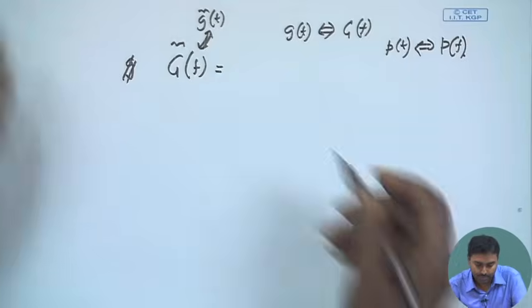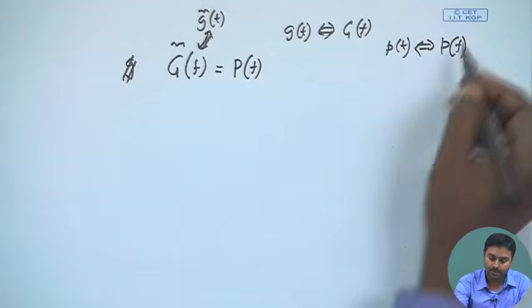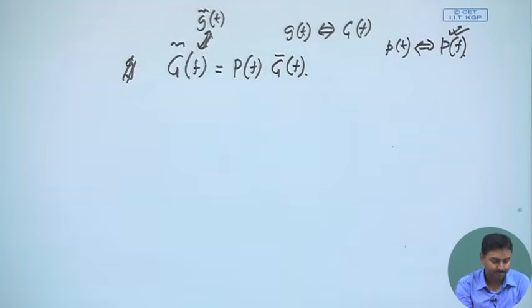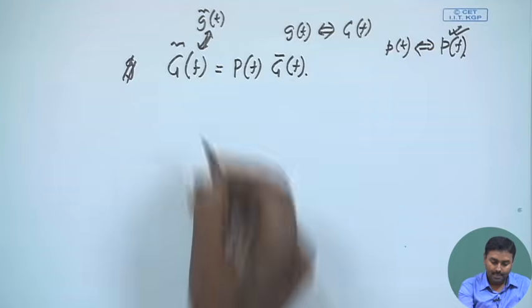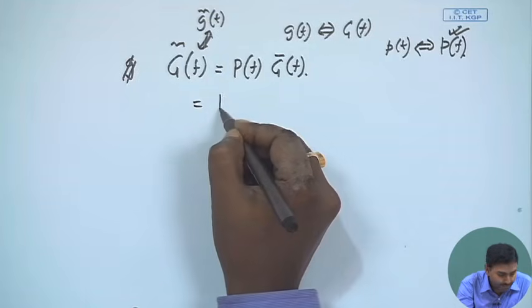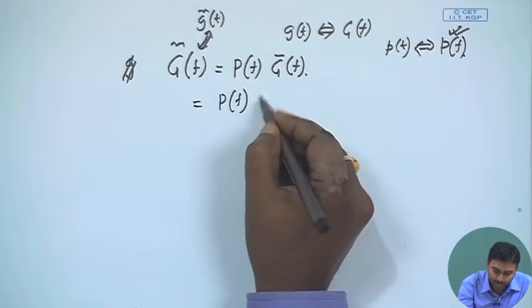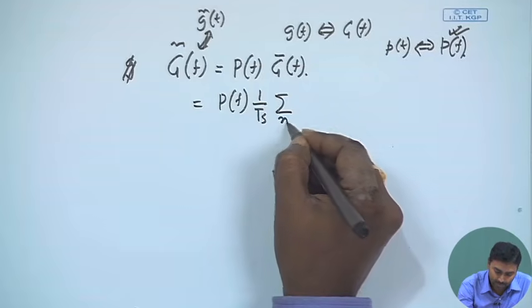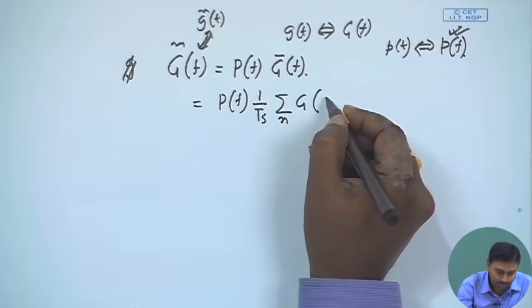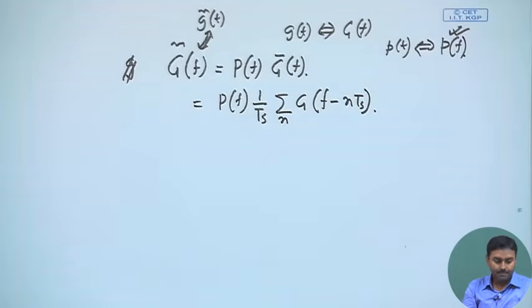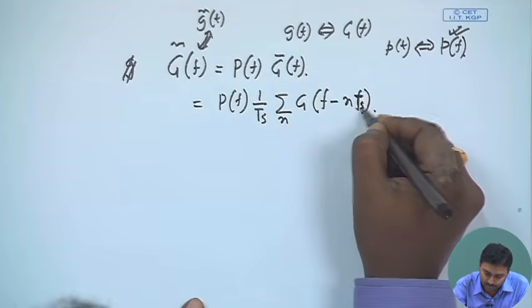So, that should be P(f), the Fourier transform of the pulse itself, multiplied by G bar(f), right. Now, this G bar(f) we have already evaluated earlier while doing the sampling theorem. So, we can write this as P(f) times 1 by Ts, summation over n, G(f minus n Fs), or f minus n over Ts, right.